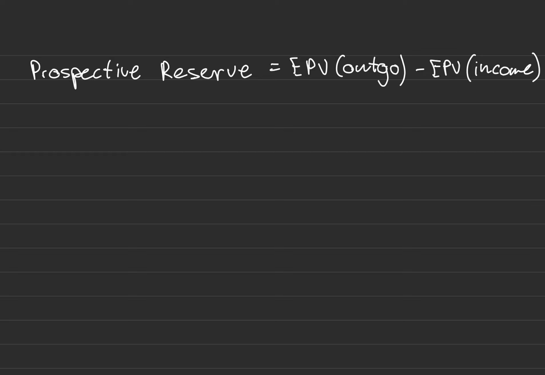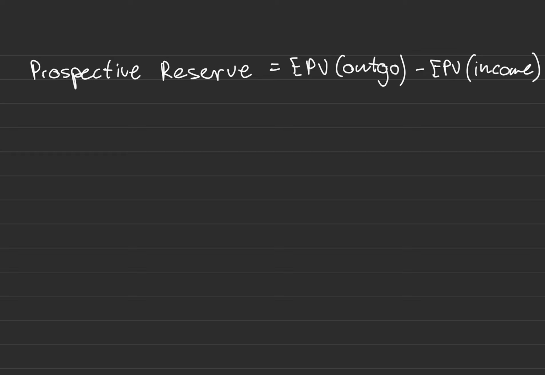So if I were to think of income minus outgo, that would deal with profits, but outgo minus income then deals with losses. So the amount that I need to set aside would be to cover this expected present value of a loss. Okay, that's my prospective reserve. I'm looking forward, okay, at future cash flows.